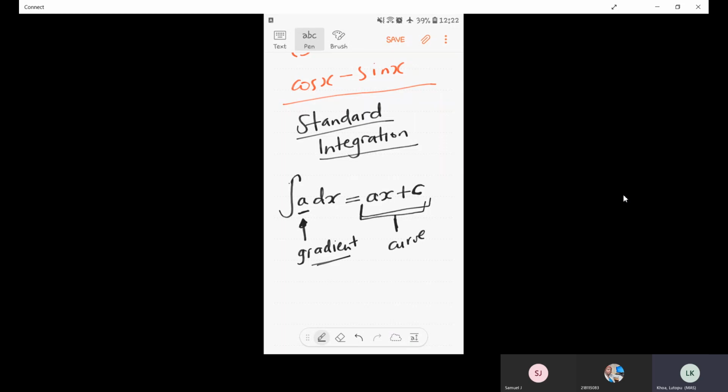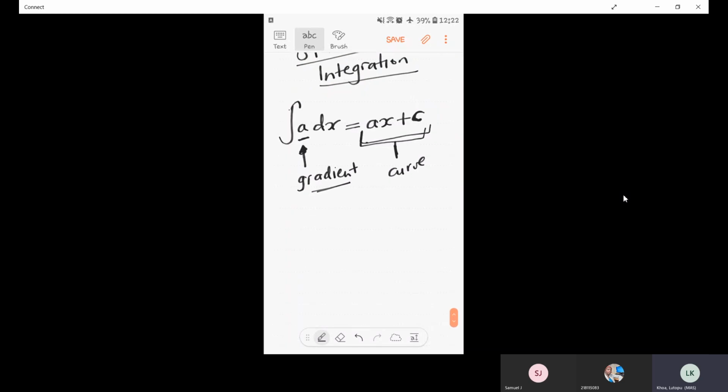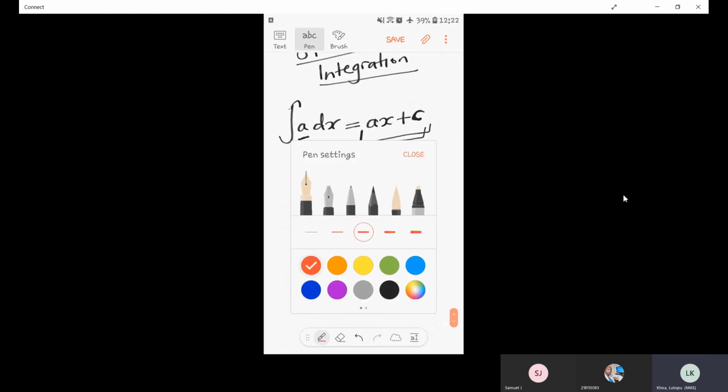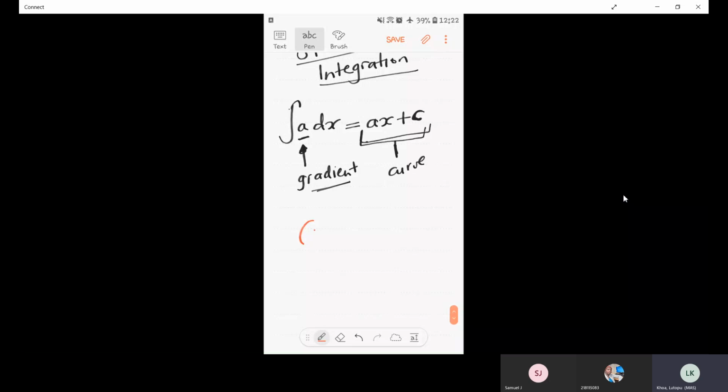And c is any constant here, because when I differentiate ax plus c, we can try that. We differentiate this. The derivative of ax is just equal to a. The derivative of c is 0.